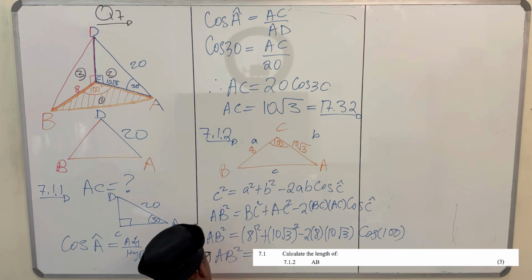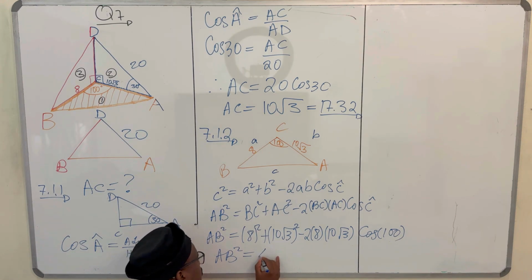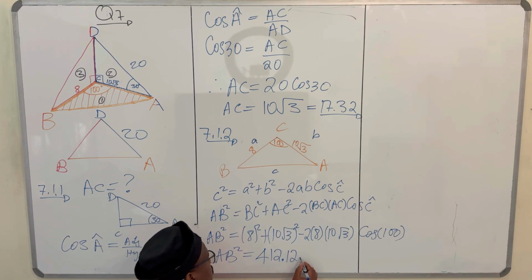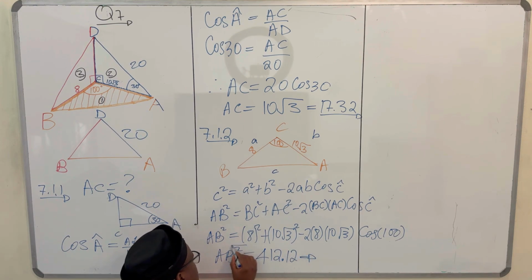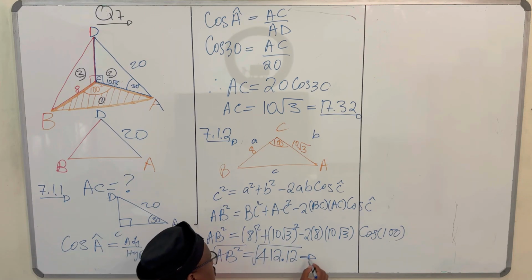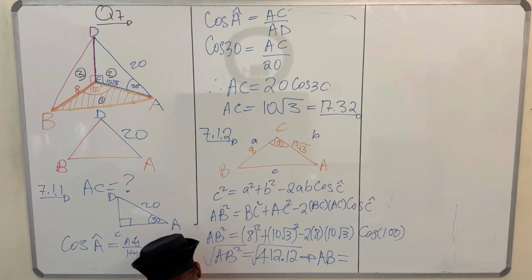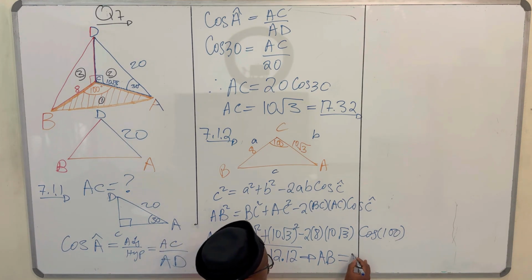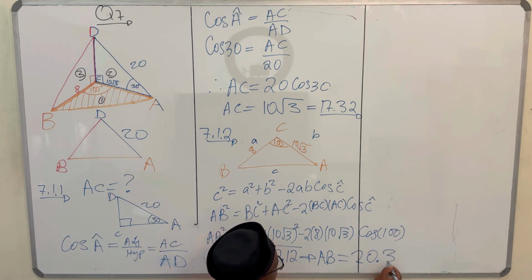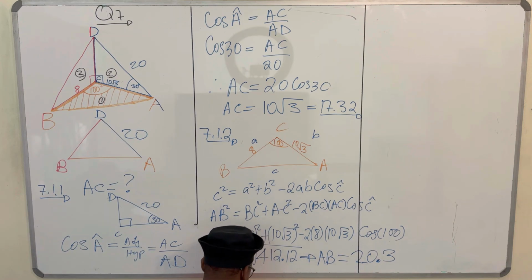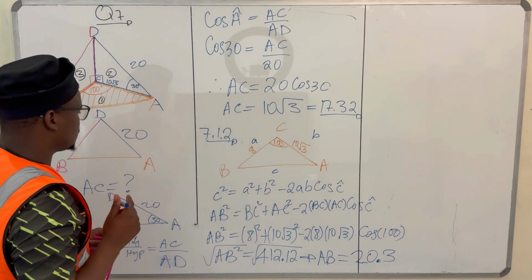What do we get? We get that your AB squared is equal to 412.12. Then you take your square root, so your AB is equal to the square root of that. We get that your answer is 20.3. So your AB is equal to 20.3.